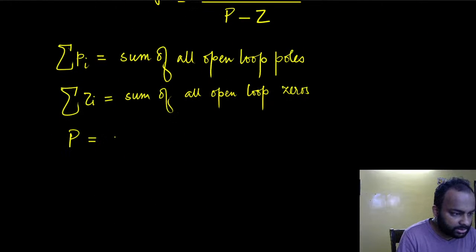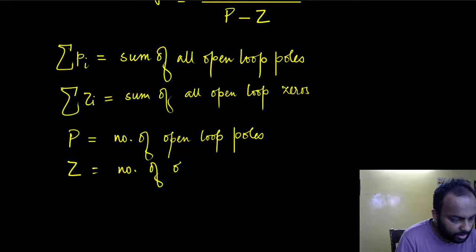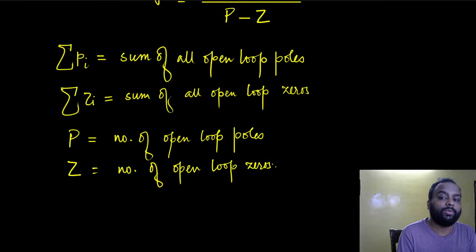P equals the number of open loop poles. Z equals the number of open loop zeros. And don't worry, when we have finished constructing all our rules, it will be pretty easy to construct the root locus of any given transfer function actually.